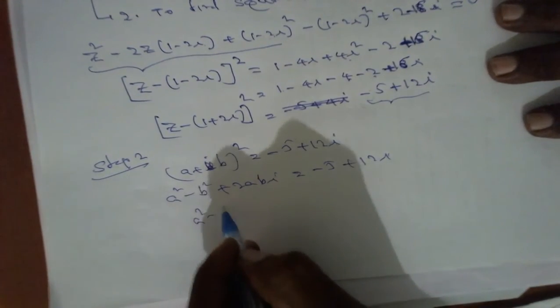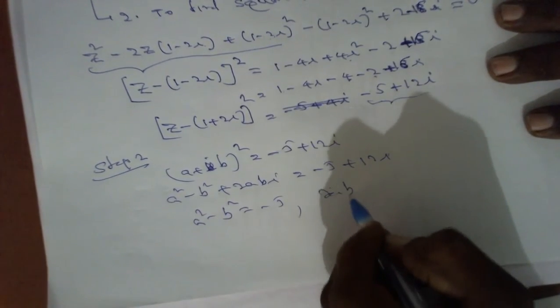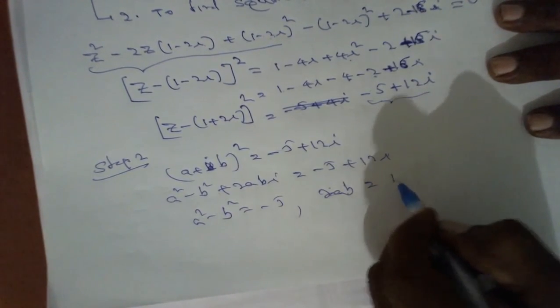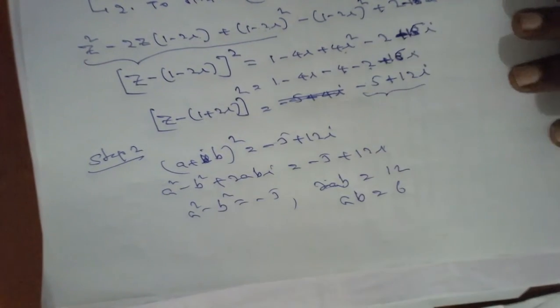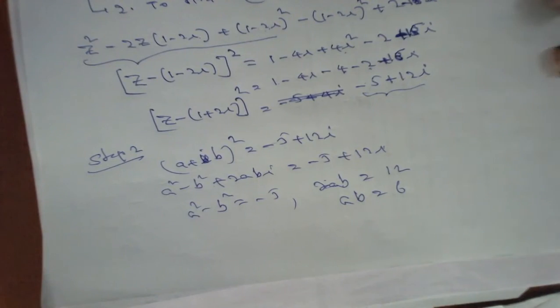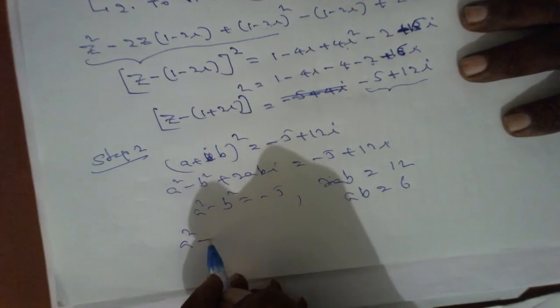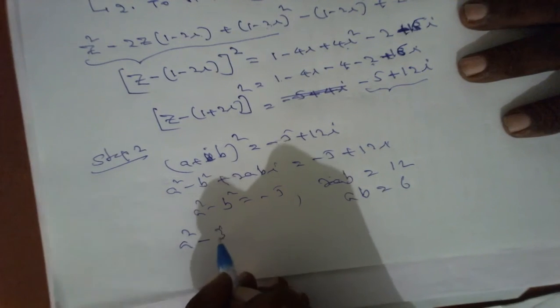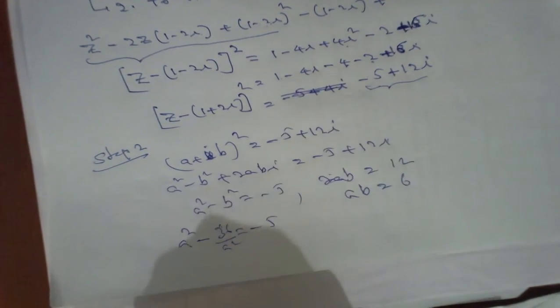Then a squared minus b squared equals minus 5. 2ab equals 12, ab equals 6. Now both a and b are positive. Now you can solve, for b you can substitute 6 over a, so 36 over a squared minus a squared equals minus 5.